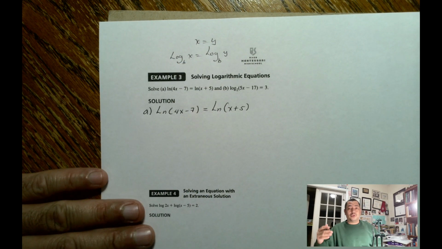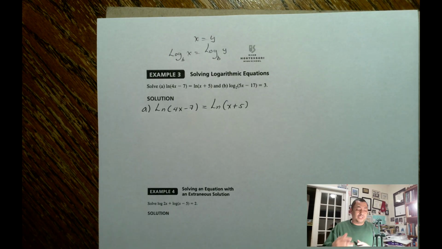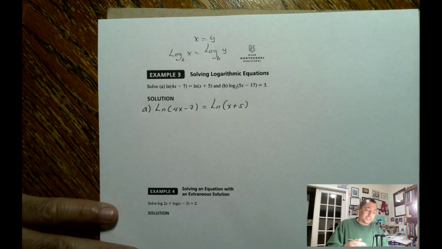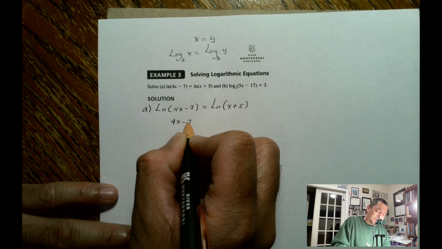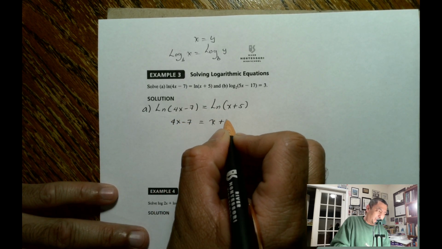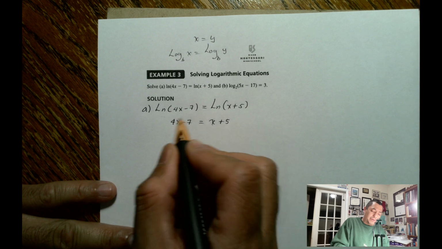Remember that the natural log is the log of the exponential function. So in this case, I'm going to have 4x minus 7 equals x plus 5. And then we solve normally.